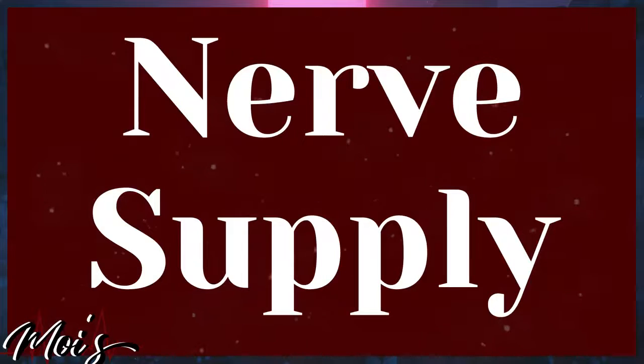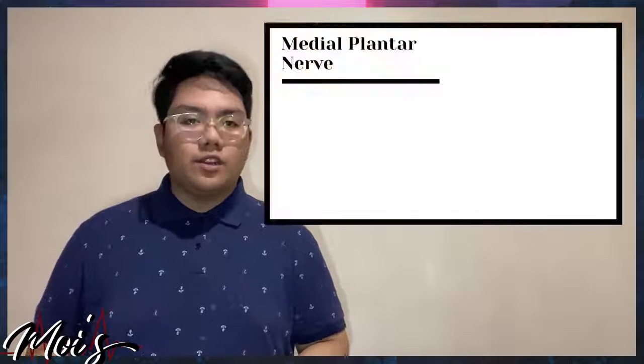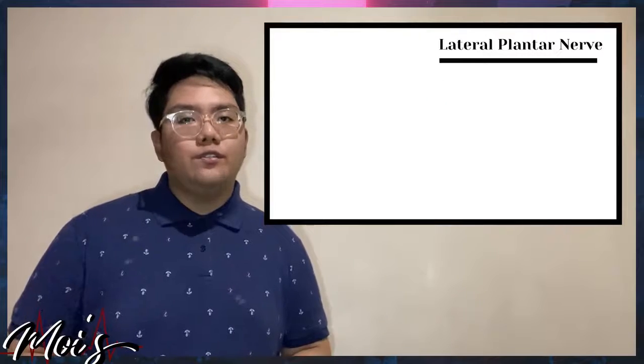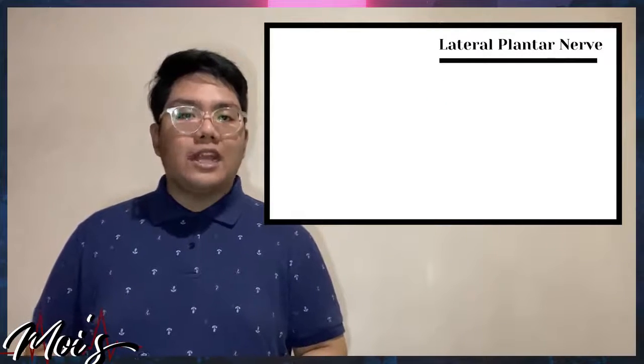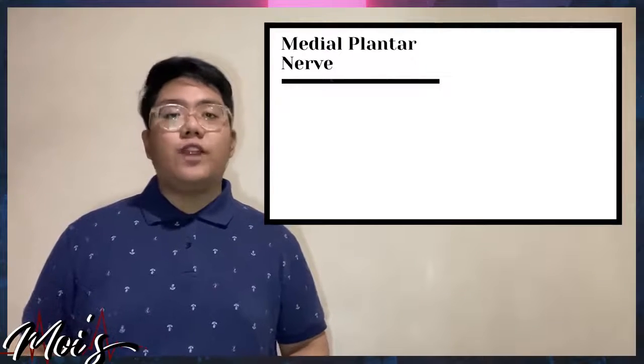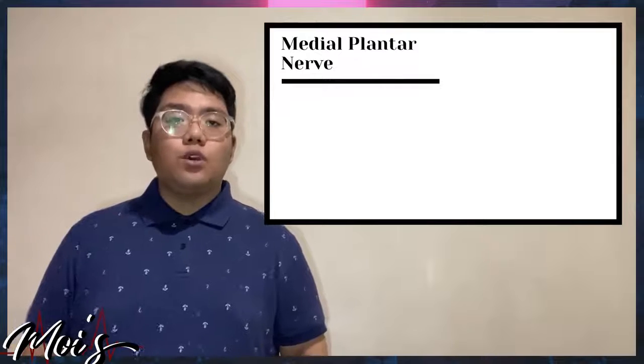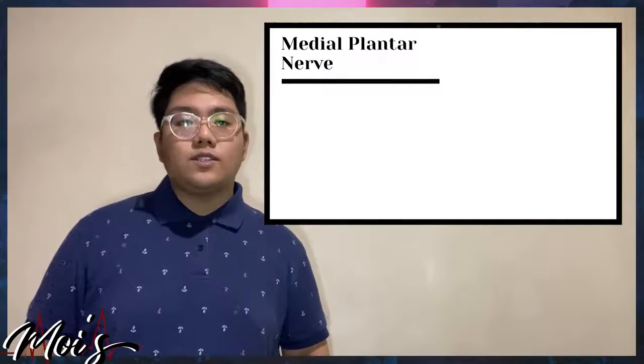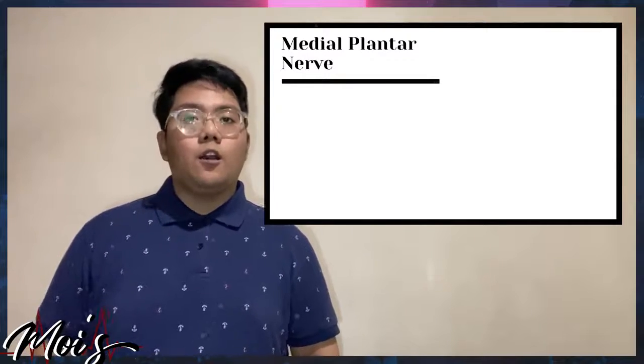And now for the nerve supply. The sole muscles are innervated by 2 nerves, which are the medial plantar nerve and lateral plantar nerve. These nerves are terminal branches of the tibial nerve. The medial plantar nerve arises beneath the flexor retinaculum and runs forward deep to the abductor hallucis with the medial plantar artery.